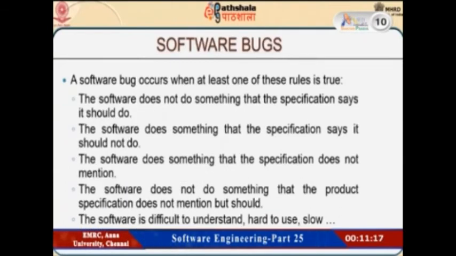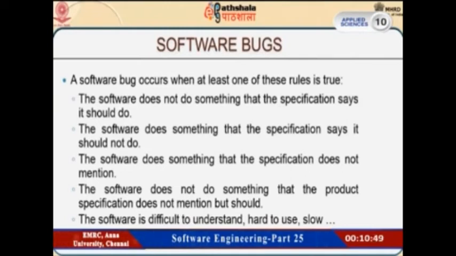Now we will try understanding certain rules which a software bug has to come across. A software bug occurs when at least one of these rules is true. So it certainly depends on all these 5 software terms. The software does not do something that the specification says it should do.